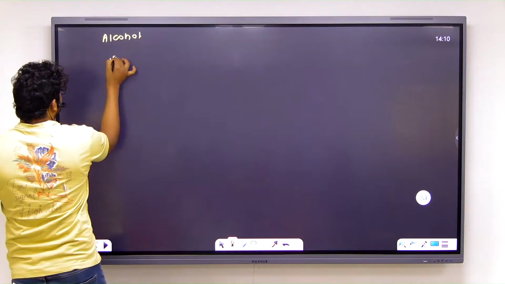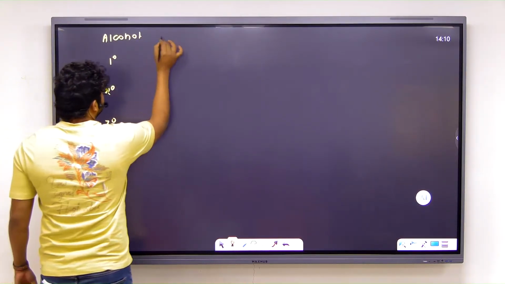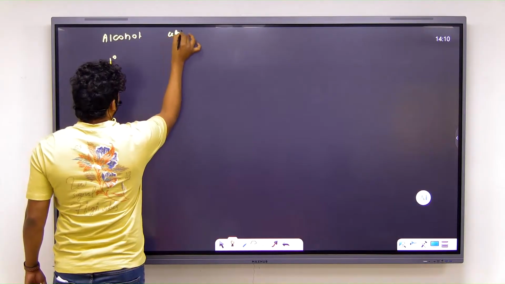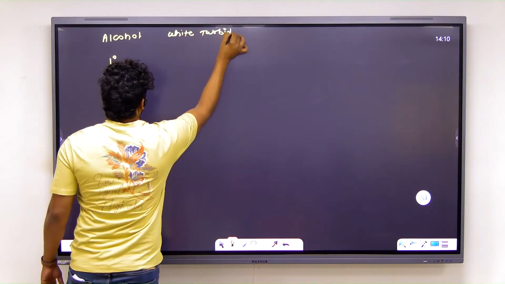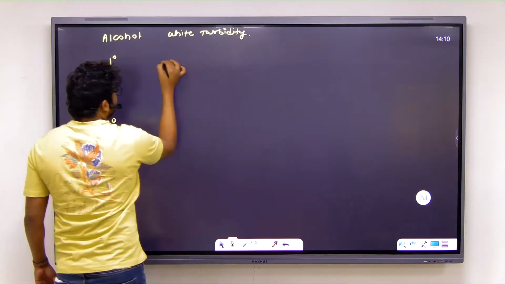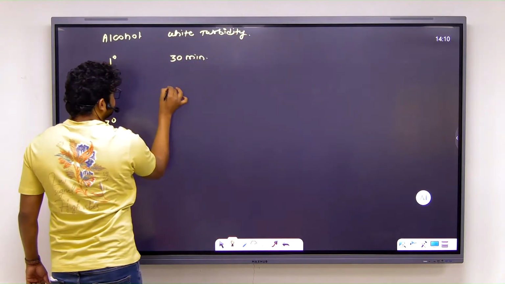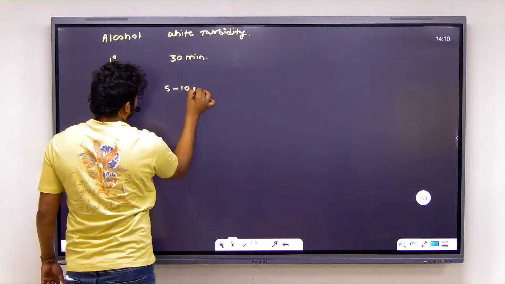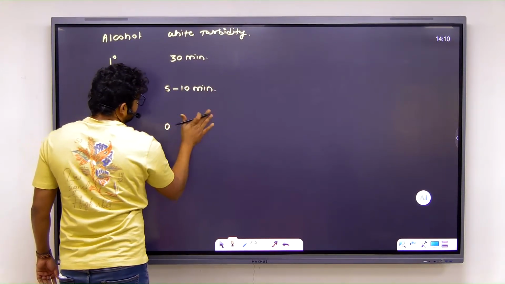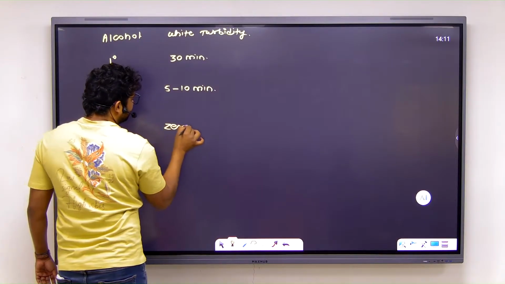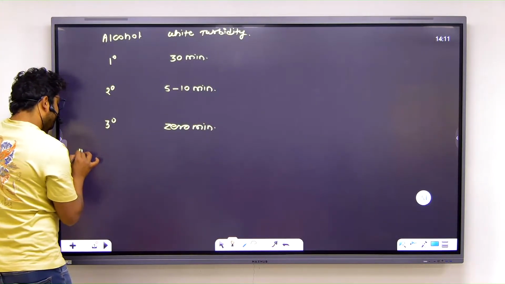white turbidity is obtained in how many minutes? 30 minutes, then 5 to 10 minutes, and 0 minutes is required for the tertiary alcohol. Why is 0 minutes required, guys?